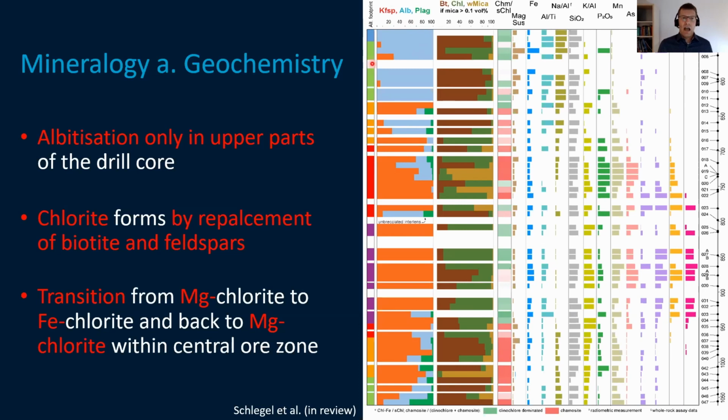The upper part is essentially albite altered, then it transitions into a K-feldspar altered zone, and at the bottom it is actually not albite altered. So a rock with K-feldspar, plagioclase and albite represents the feldspar composition of an at least not really altered bit of metavolcanic rock.